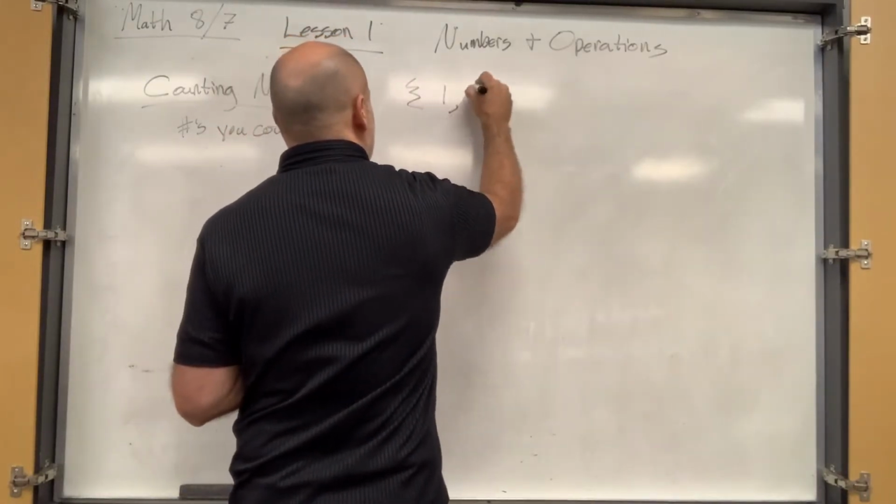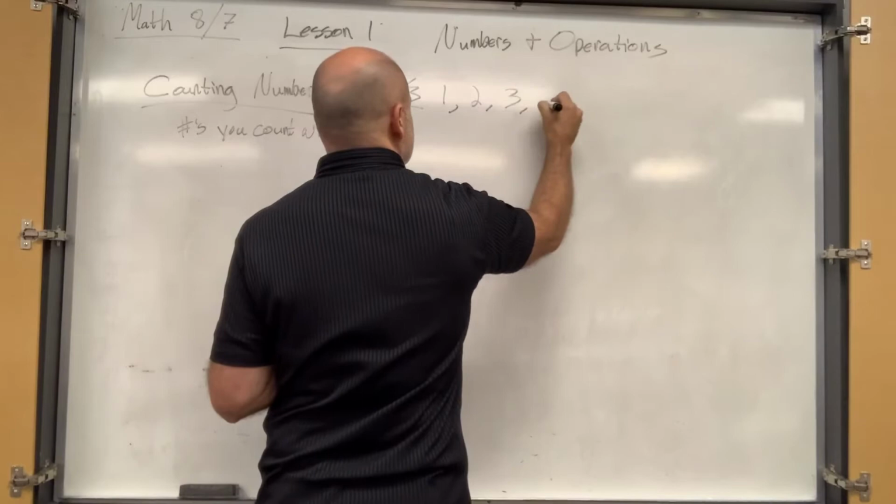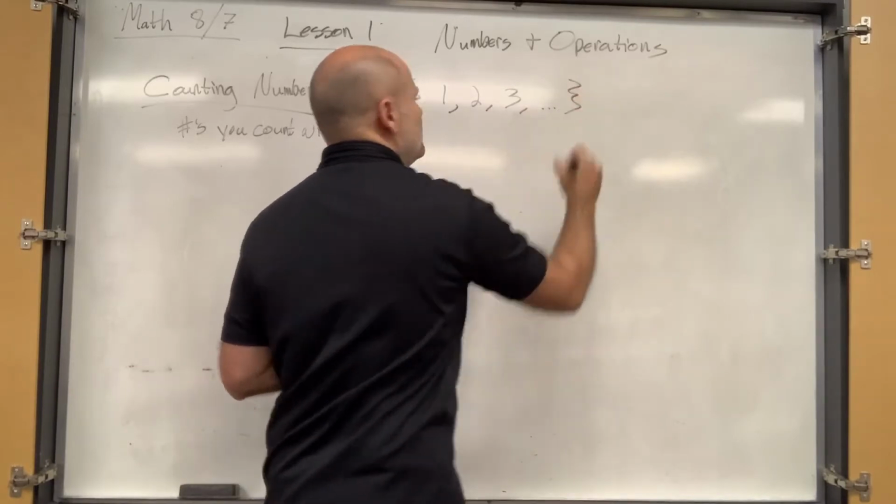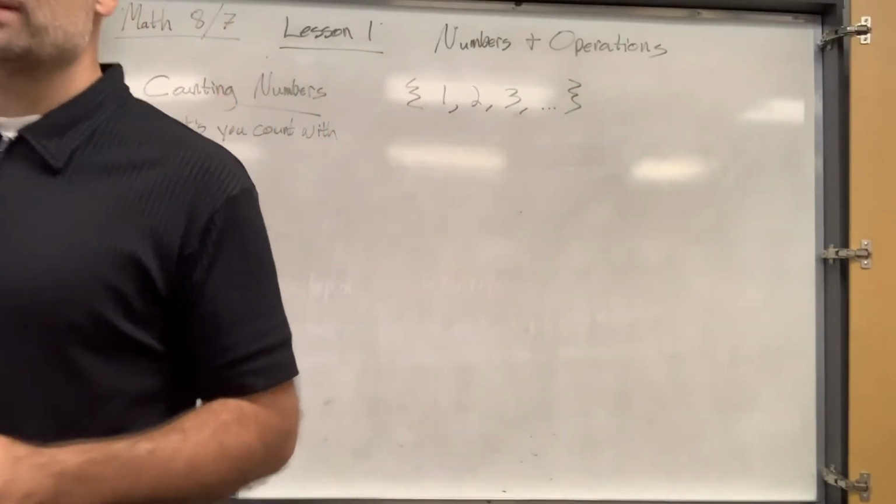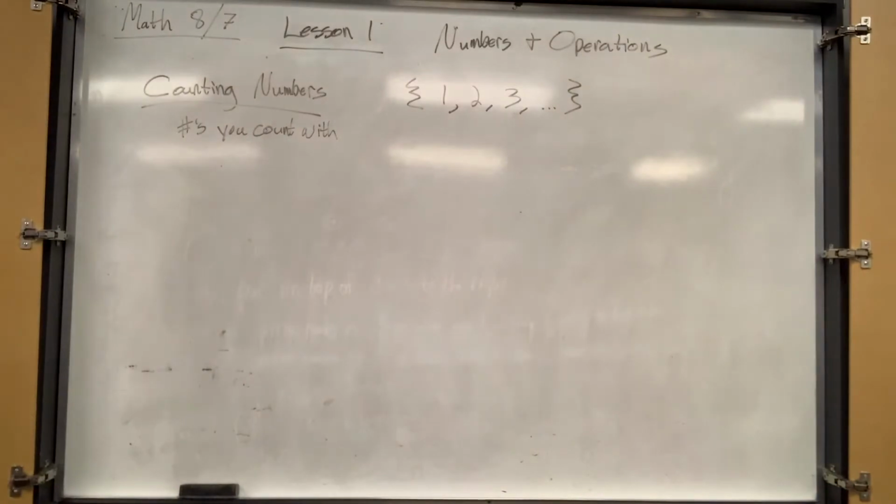Okay, so 1, 2, 3, and then what does this mean? It keeps continuing. Do you guys know what that's called? It starts with an E. Eternity? Etc.? No, but those are cool words too, they mean the same thing.